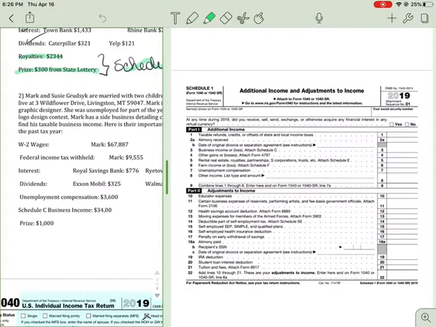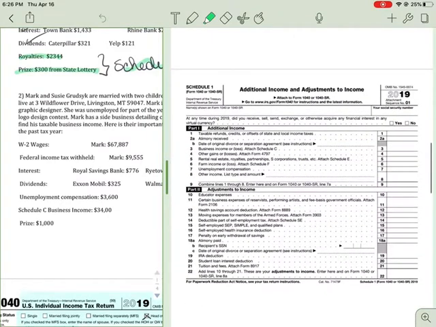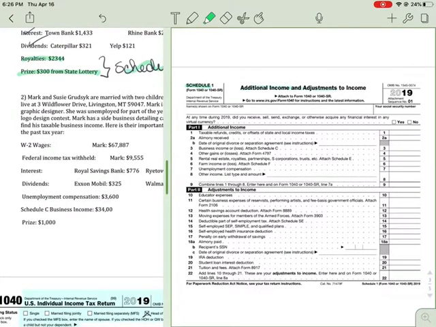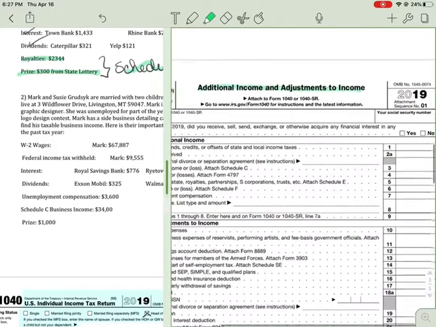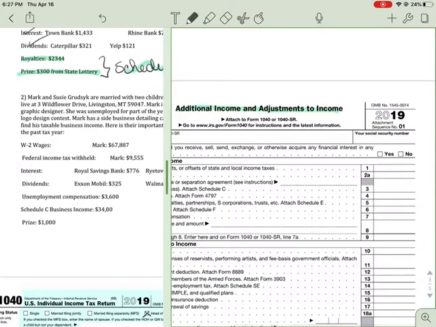Here it is. Schedule 1 is about additional income, adjustments, anything they need to add. If you look at the list, you have business income, gross, real estate, unemployment, prizes, things along those lines. They did have business income, and they did their Schedule C, so that's $3,400, and that's line 3.